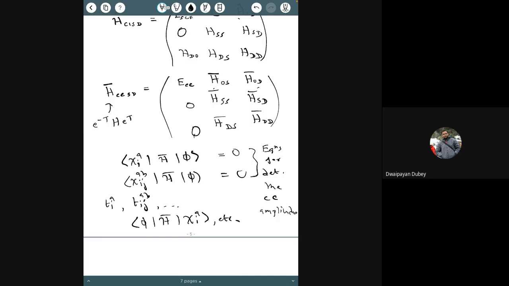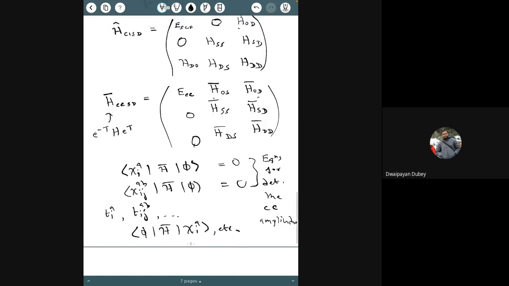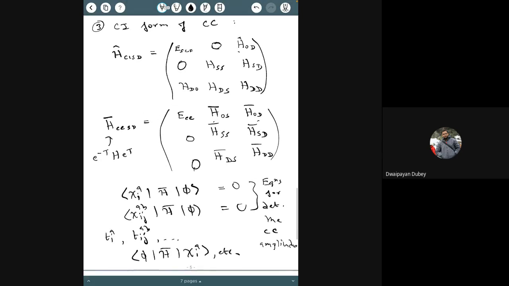So if I construct the matrix which on diagonalization would give me the coupled cluster energy, it would look like this, which is somewhat similar but also different from the CI matrix.